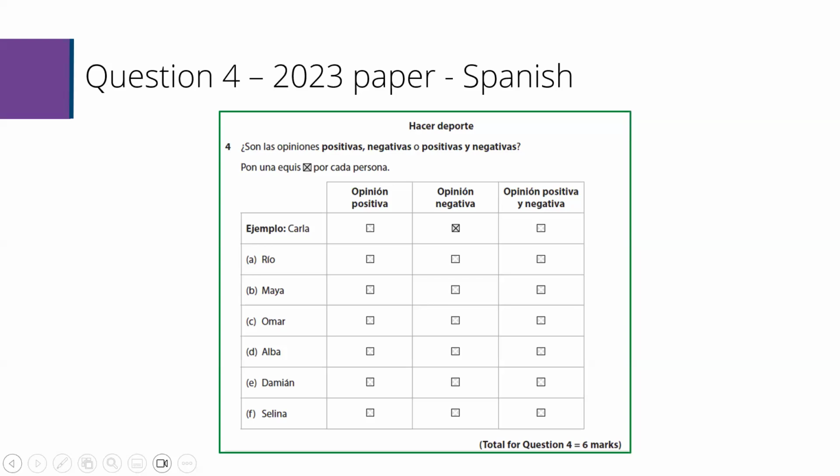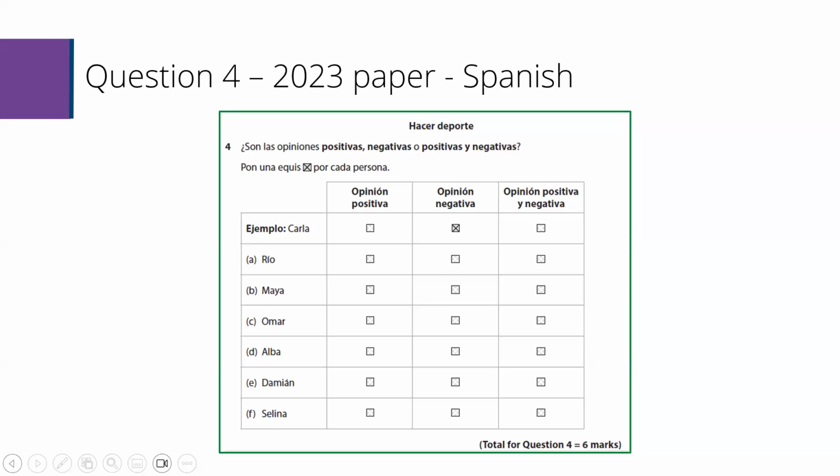And obviously, as you were teaching them, you would be teaching them how we could identify positive opinions, how we could identify negative opinions, and then also, are we listening to both? When we're listening to both, we might be hearing words like but and however and nevertheless, or in spite of that.